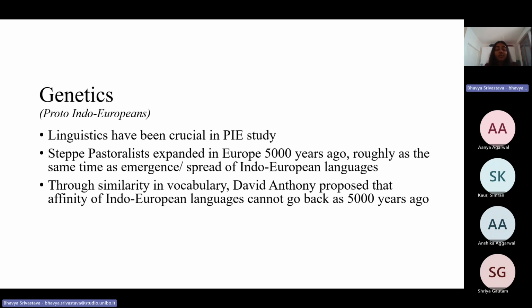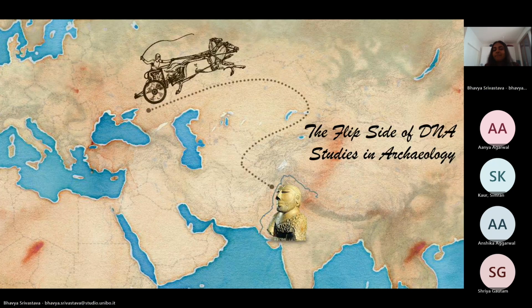That's why one has to be very cautious when dealing with archaeogenetics, because in the wrong hands, they can lead to a number of non-scientific or even scientific studies that can cause divides. And the best case study that I could think of was from India itself.